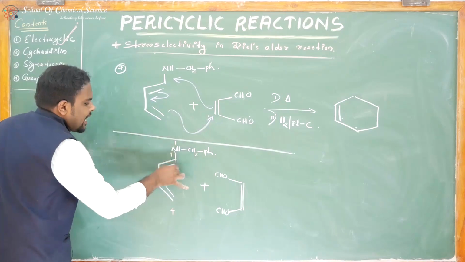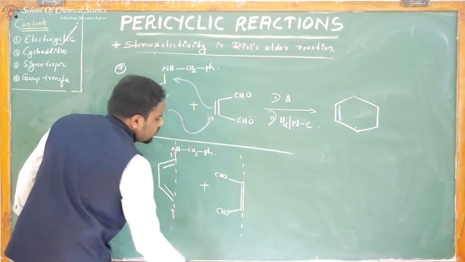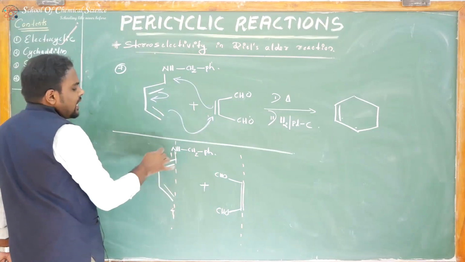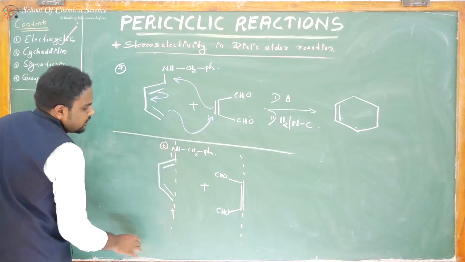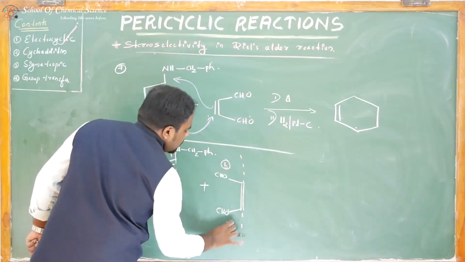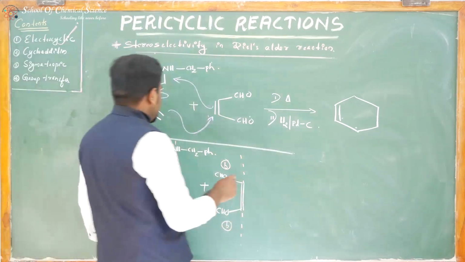Draw a line from carbon 1 to 4. Here also between carbon 1 and 2, draw a line. Those substituents on the left side of the line are below the plane. So all substituents are below the plane.